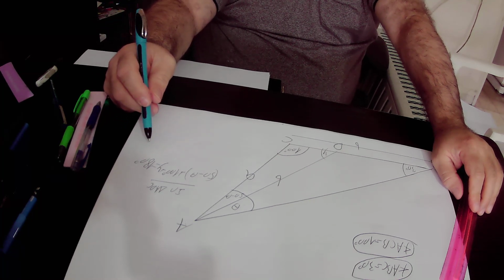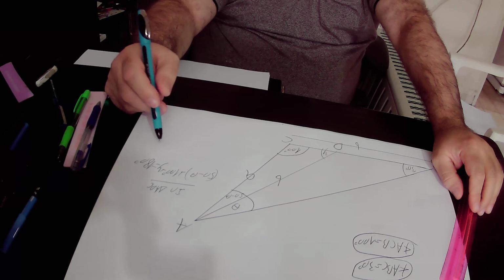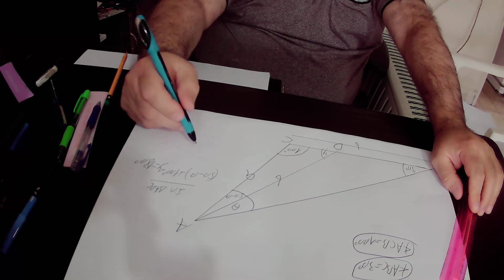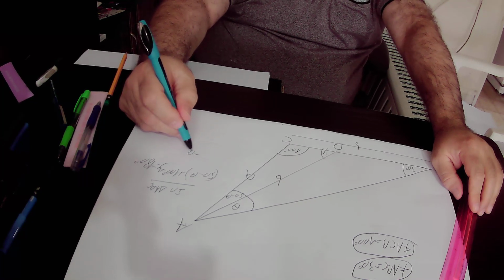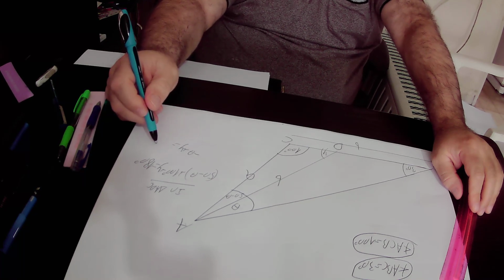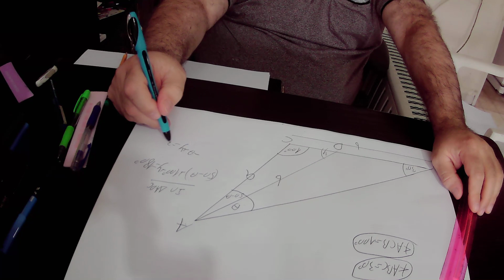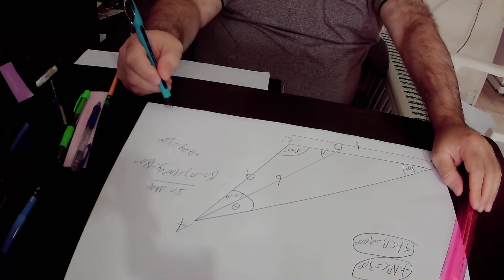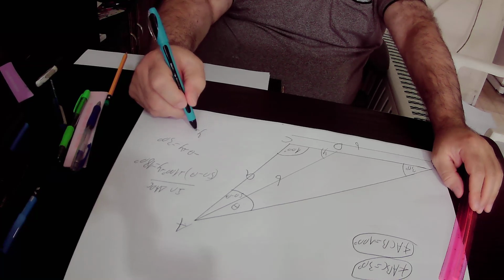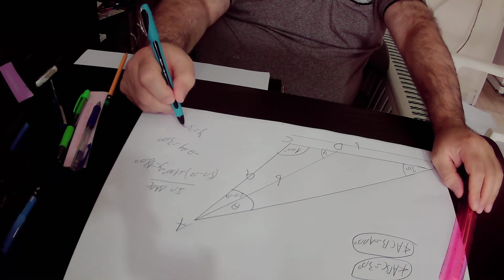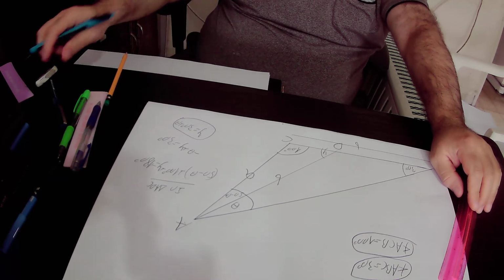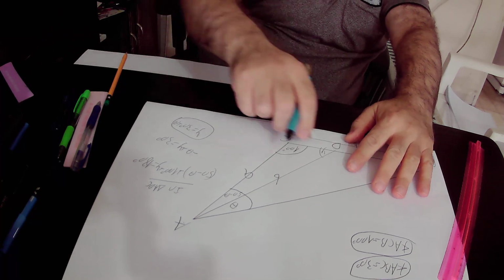Here we subtract 150 degrees from this equation, and we get that minus theta plus Y equals 180 degrees minus 150 degrees, which is 30 degrees. Here we add theta to this equation, and we get that angle Y equals 30 degrees plus theta.